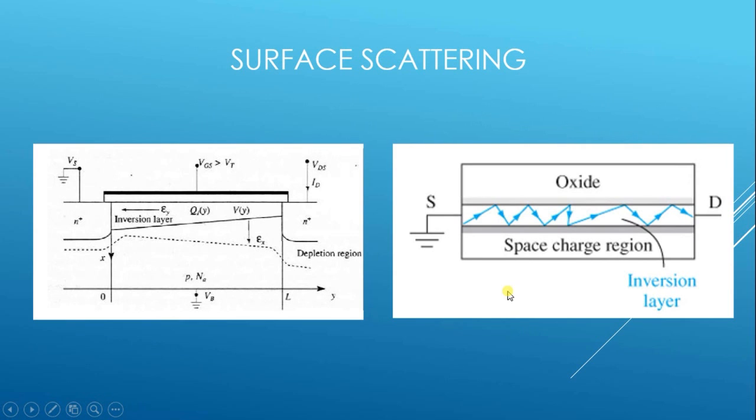And here we go with the surface scattering effect now. As everyone knows, FETs are the field effect transistors. These are the transistors which work on fields. Where exactly the field is in this device.